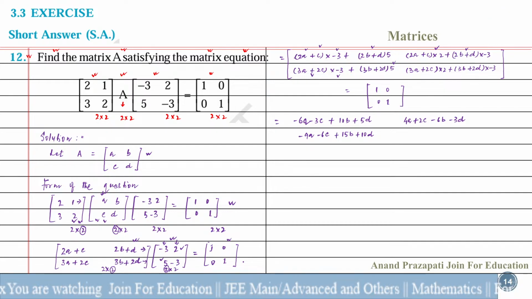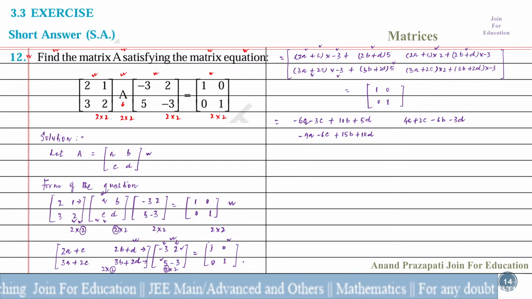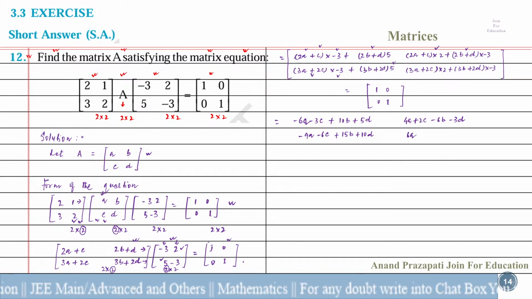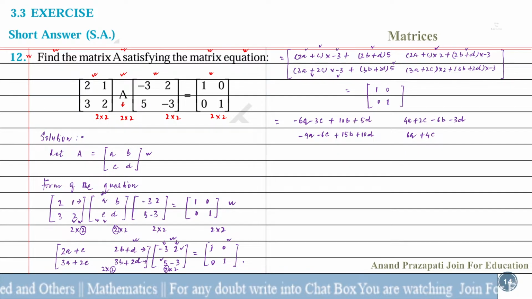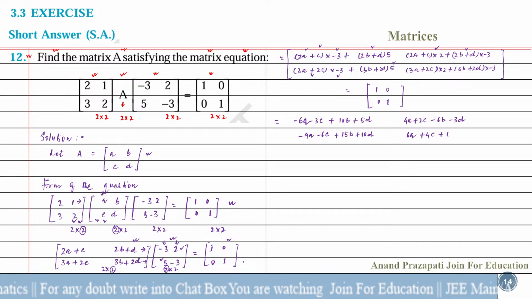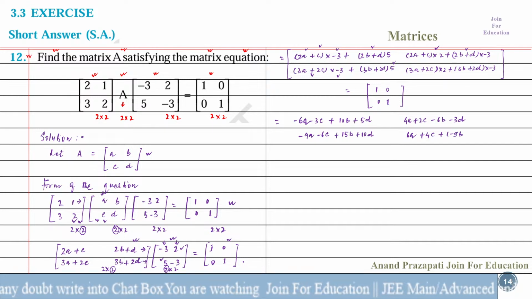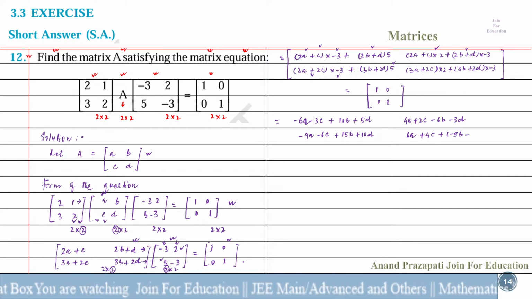And see, when this one multiplied by 2, then we get 6a plus 4c, and plus we write down minus 9b and minus 6d.